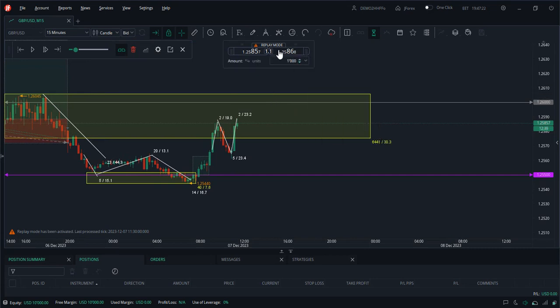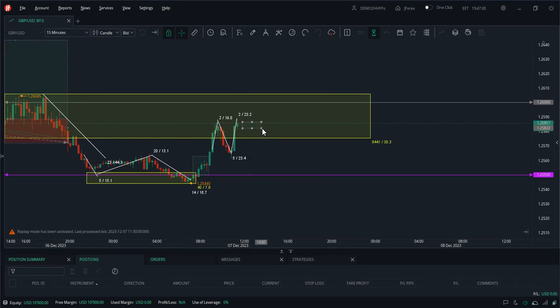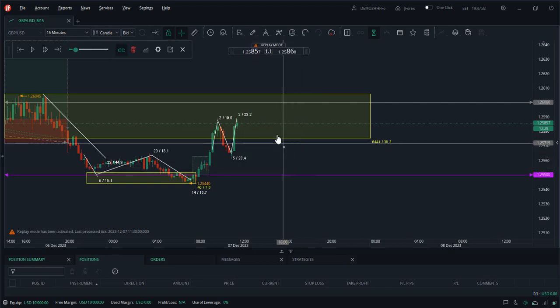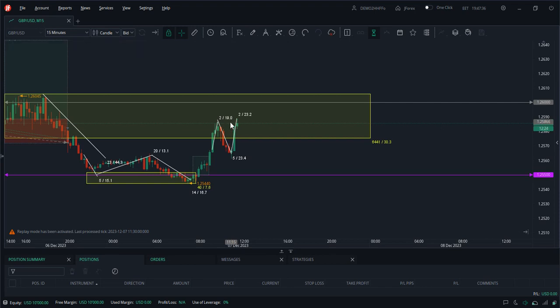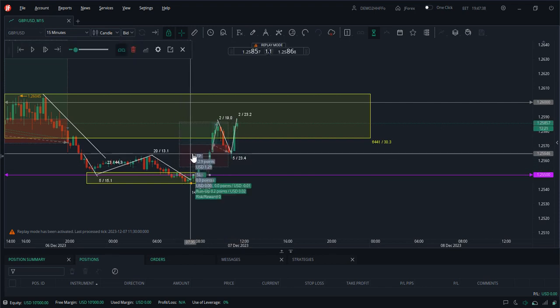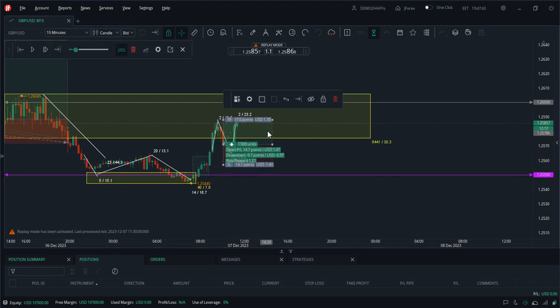So let's place our short trade here. Risk to reward. Let's place our short trade here, downwards. Okay, let's do it again. Move it forward.